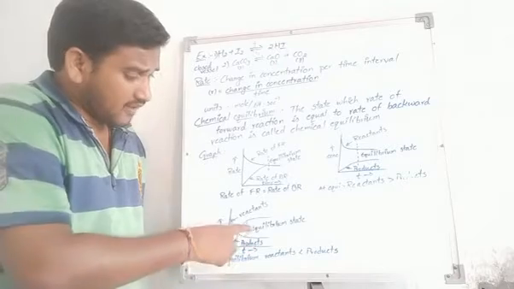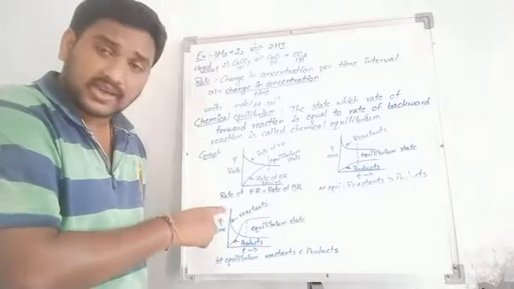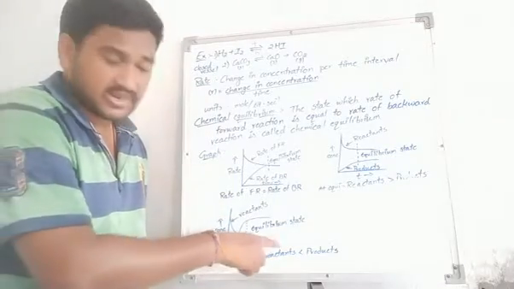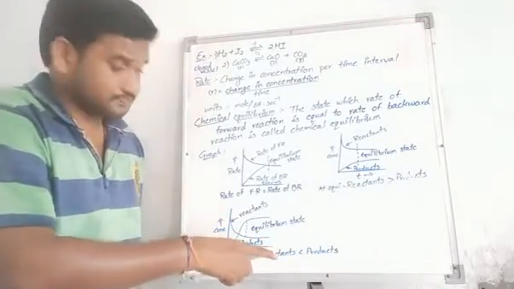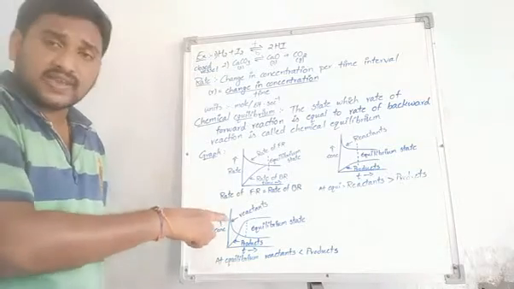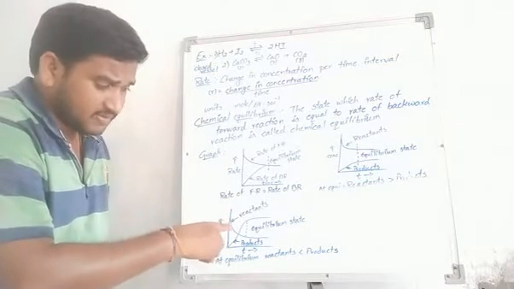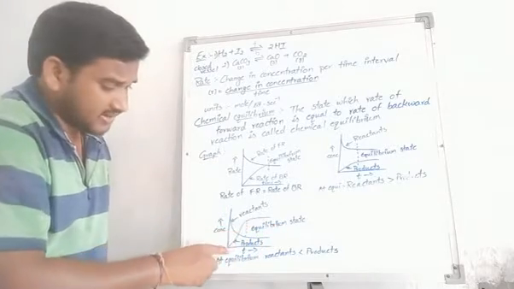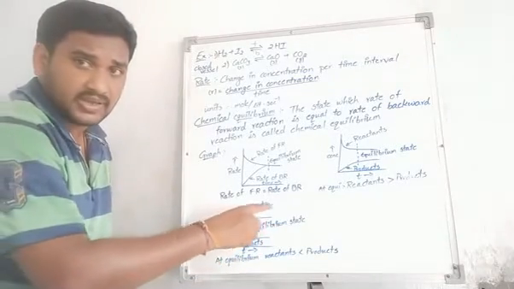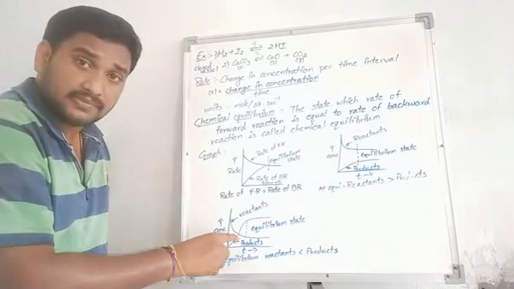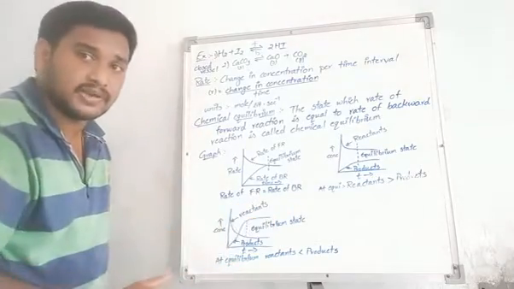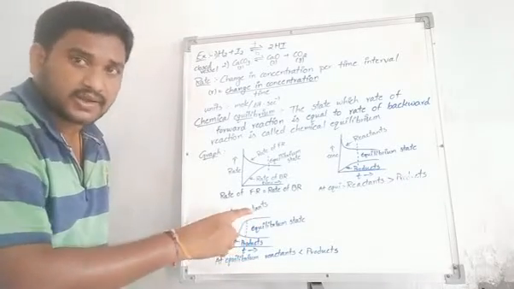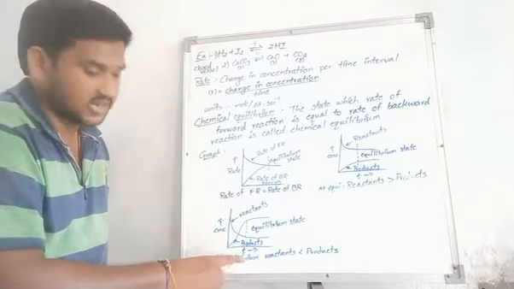Okay, one more graph, after the equilibrium state. Concentration is taken on the y-axis and time on the x-axis. The concentration of reactant decreases and the concentration of product increases. After equilibrium is reached and crossed, the concentration of product is more than the concentration of the reactant.